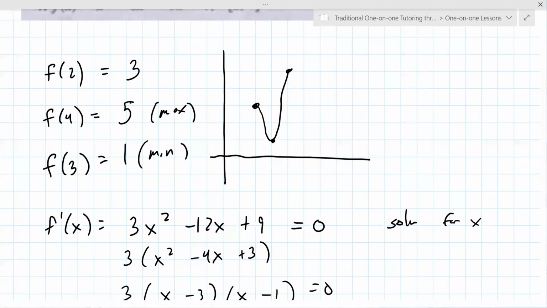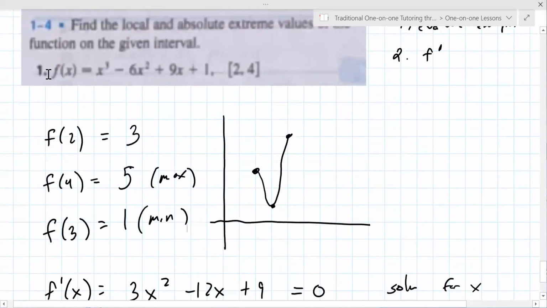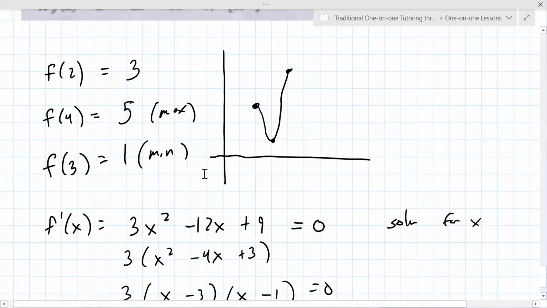So you figure out whatever number is the biggest is the max, whatever number is the smallest is the min. Okay, and those are the absolute extreme values. Graphically, we can see that's the max, that's the min. This is also the local min because it's lower than the place below it.